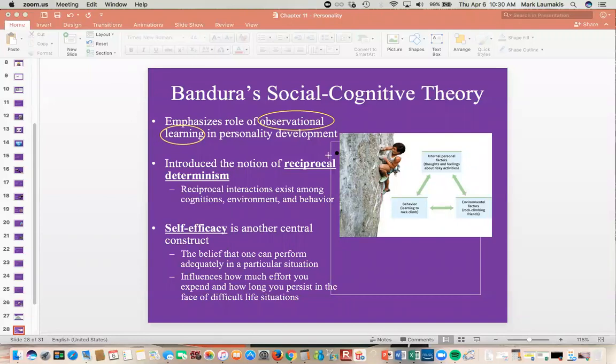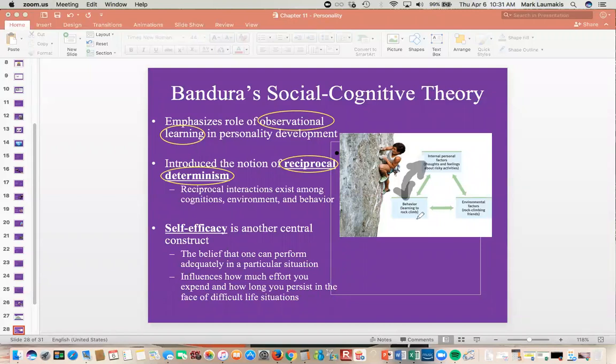The second big idea is pretty straightforward. It's the idea of reciprocity between and among thoughts, environment, and behavior. Reciprocal determinism is more complicated than really the concept is about. Basically, what reciprocal determinism means is that there are 2-headed arrows that connect these different factors over here. So behavior and thoughts and feelings about risky activities.